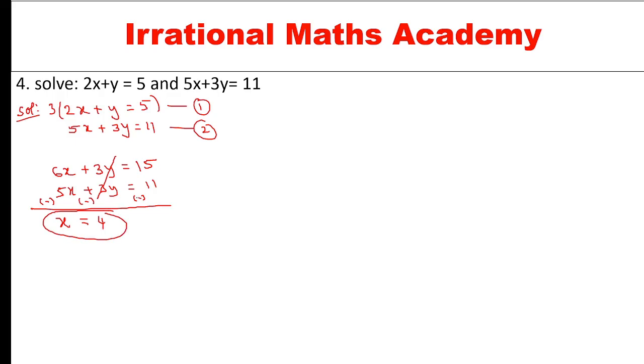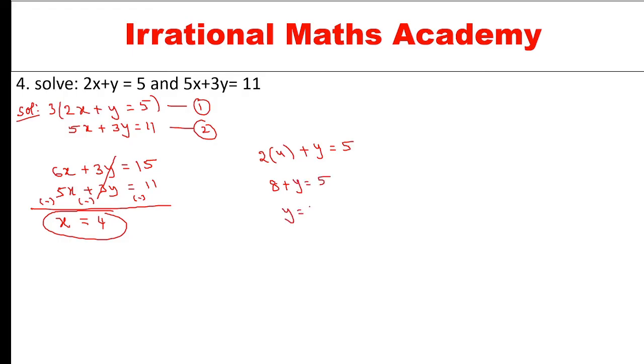Now what I'll do is I'll substitute in either equation 1 or equation 2. It's my choice. So I'll substitute in equation 1. So 2 into x value is what? 4 plus y equal to 5. So 8 plus y equal to 5.